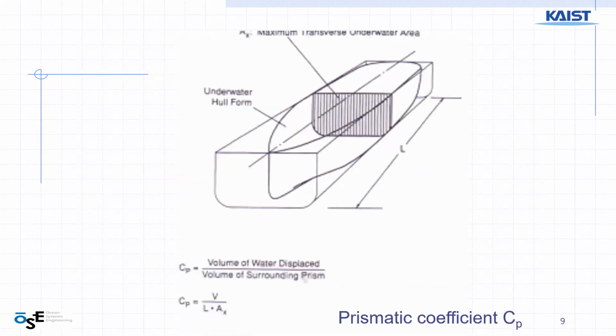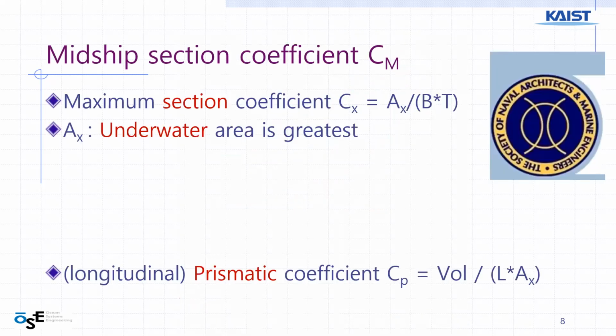So CM is basically the cross-section area of the midsection as shown here, divided by the breadth and width of the prism, right?